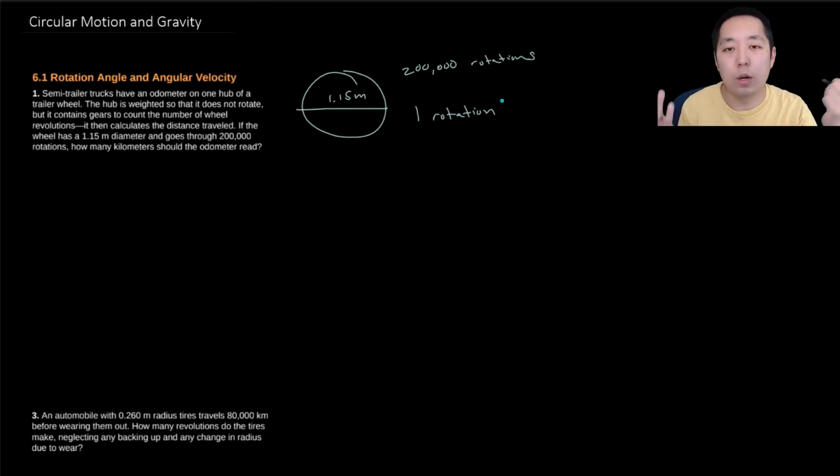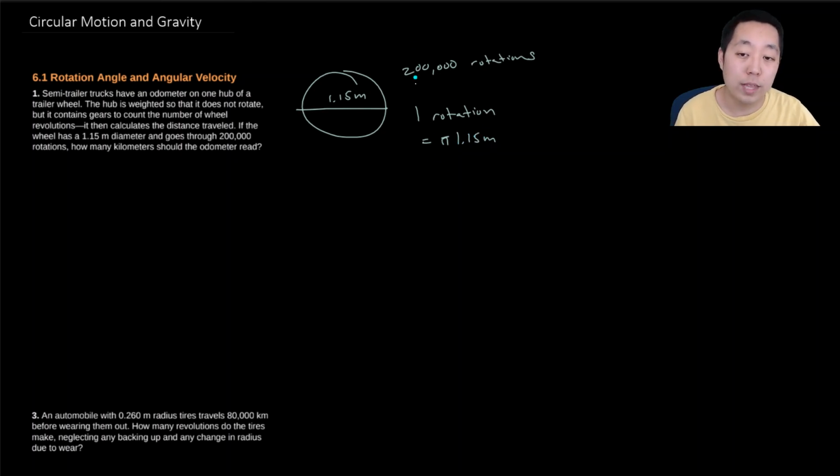Always start with whatever is convenient for you, but I think one rotation. I consider how far it travels in one rotation. In one rotation, it will go the circumference of the circle. So the distance will be pi times the diameter, 1.15 meters times pi.